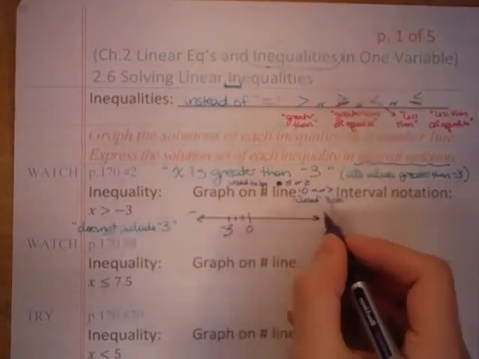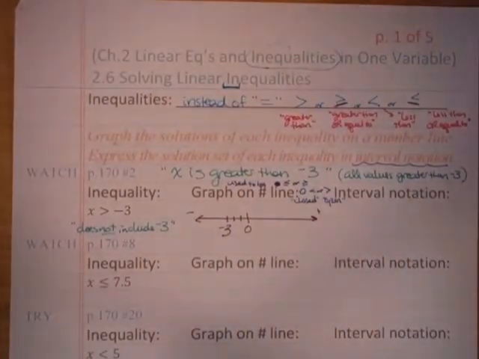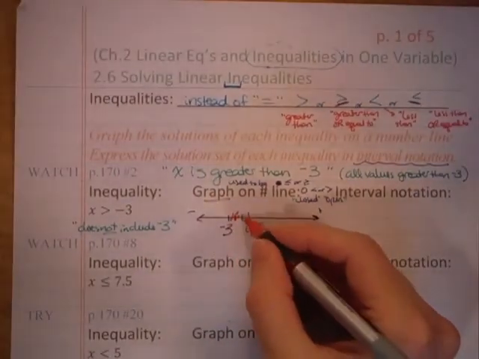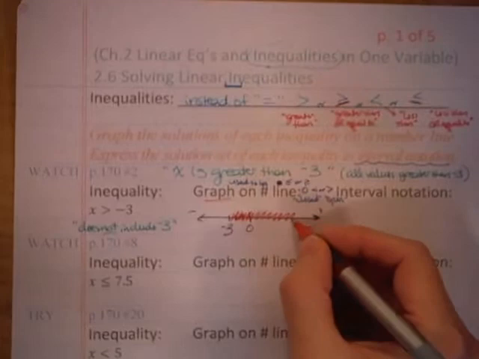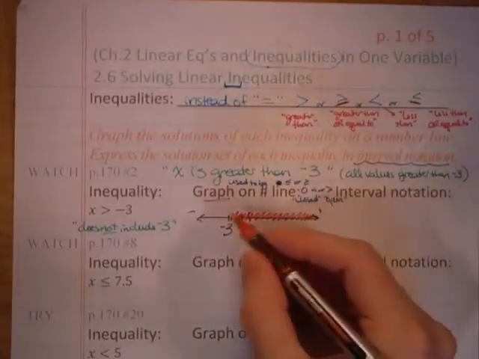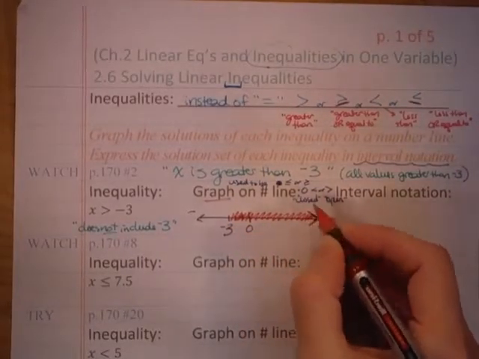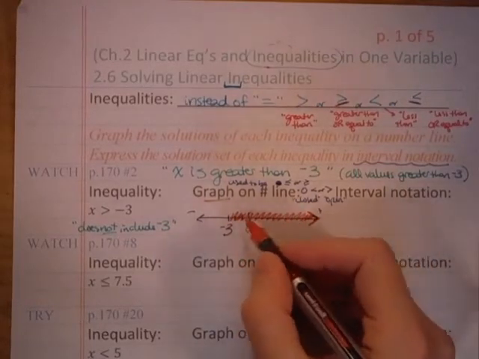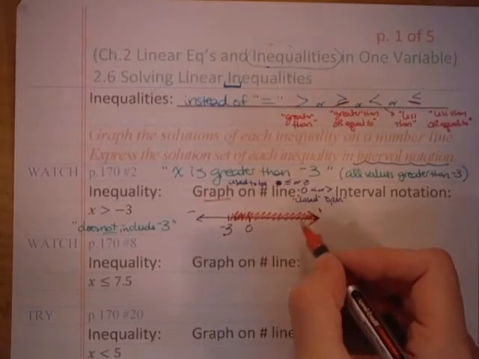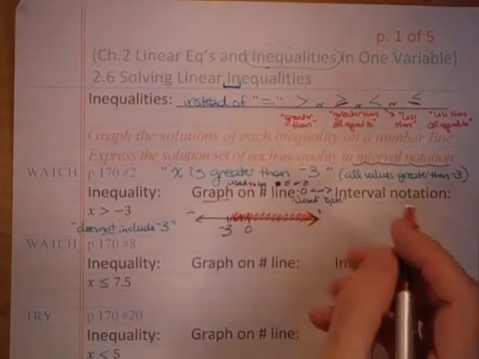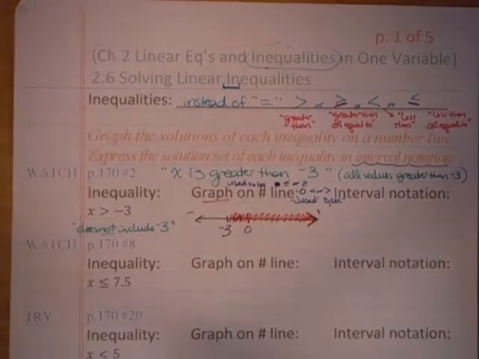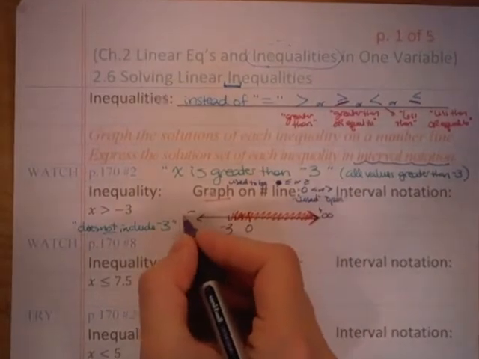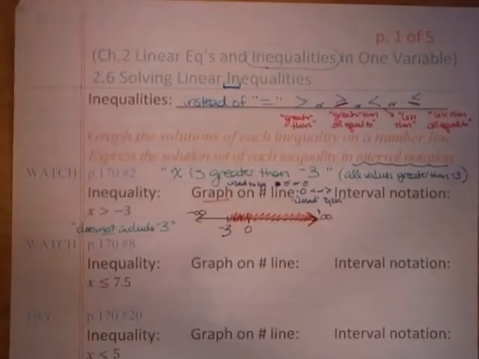So here would be the negative end, here would be the positive on the right, and how you graph it on a number line would be to visually show how far this goes. So we would shade it. Some book versions, instead of using a different color, might do a line up above it, going across. That would also indicate that those are the values you're taking. And we are headed to positive infinity here. This is positive infinity. This is negative infinity, as we go all the way to the left, all the way to the right.